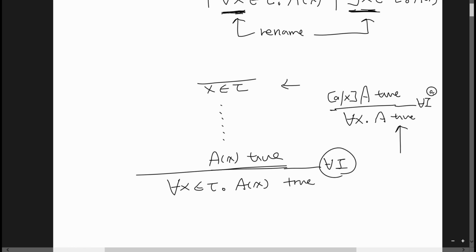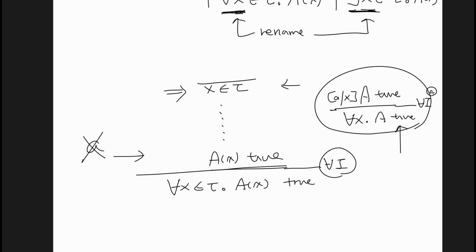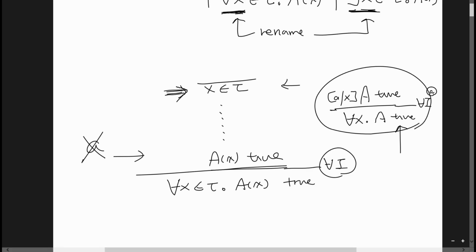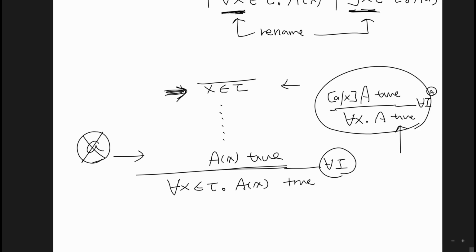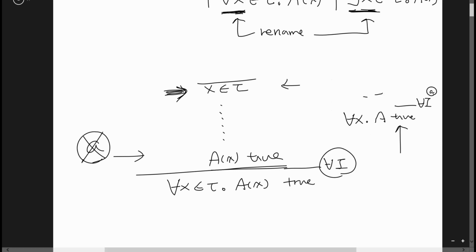So in comparison with this previous inference rule, now we no longer use term parameter a, simply because now we can directly use this hypothesis. That is, by taking advantage of this new form of judgment, the need for this term variable is eliminated. So we no longer use term parameter in the for all introduction rule.